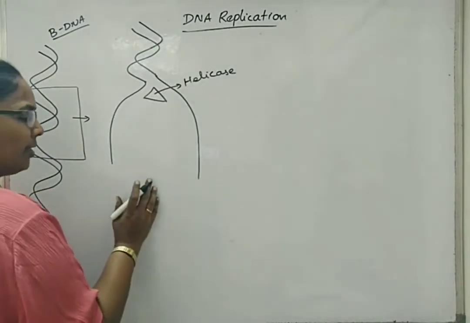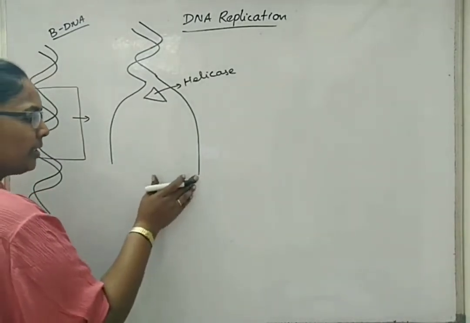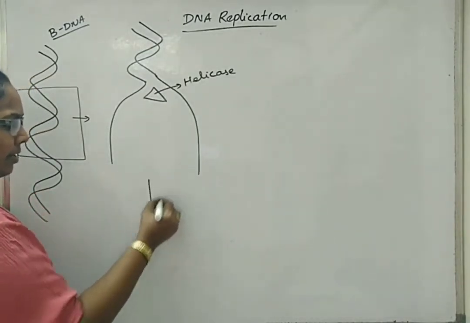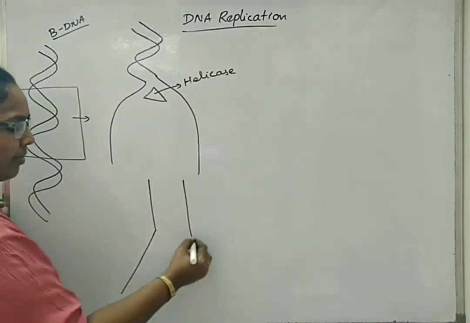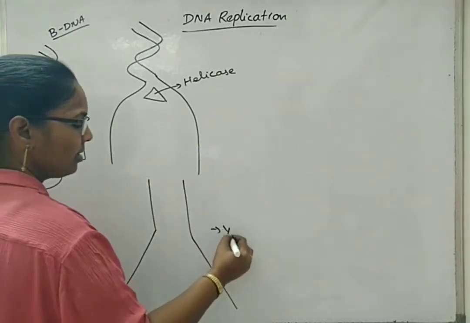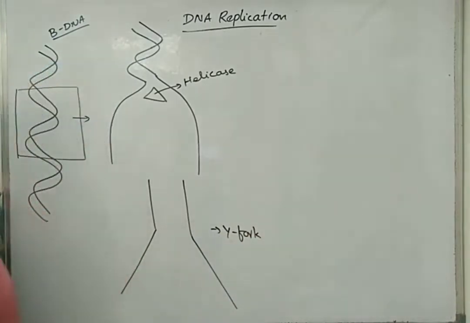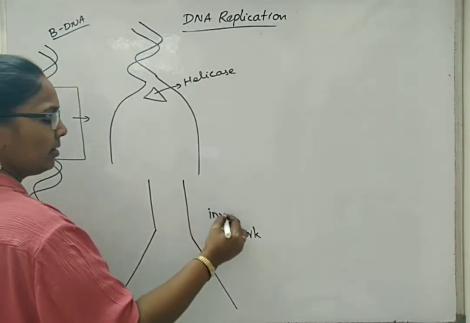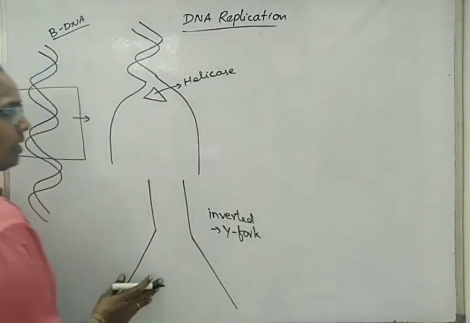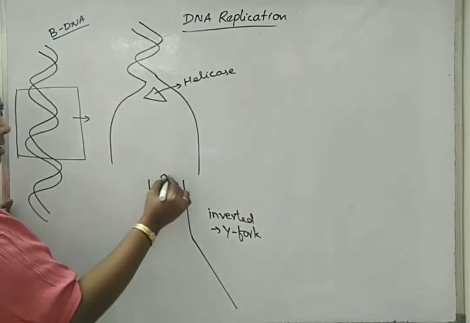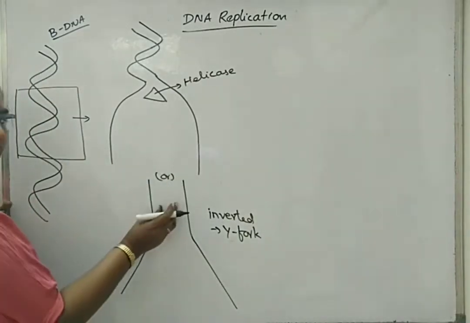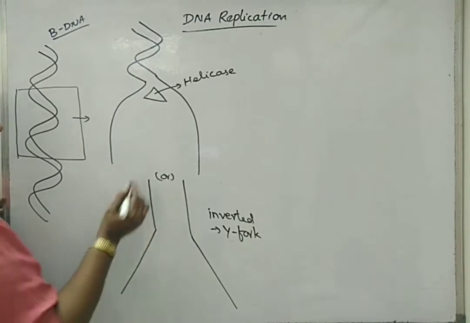According to NCERT, the diagram is also given in a simplified form, and the name given is Y fork. This is the Y fork, or you can write inverted Y fork. This structure and this structure are the same, but here we have just written them as separated structures.